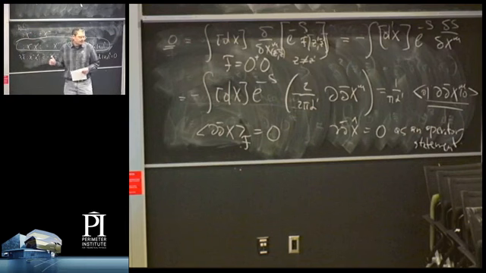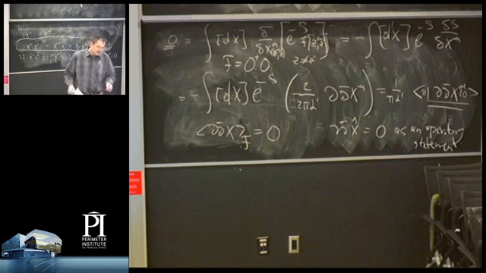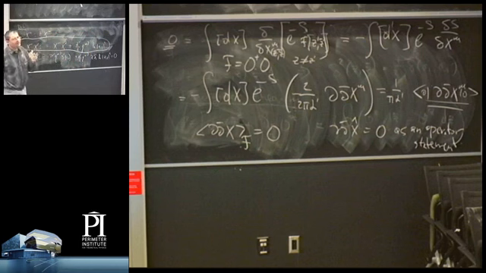So I want to make this point here as well. Typically in quantum field theory, when operators coincide, there are singularities, right? We saw that this is even true in free field theory.